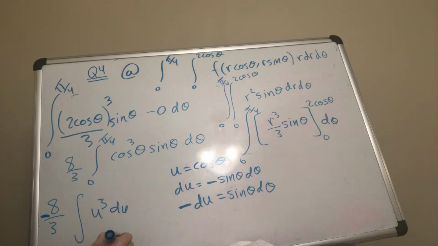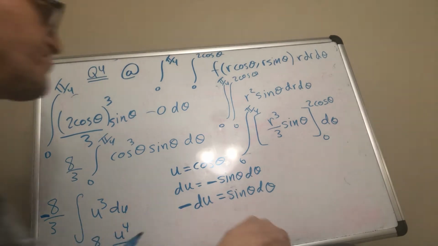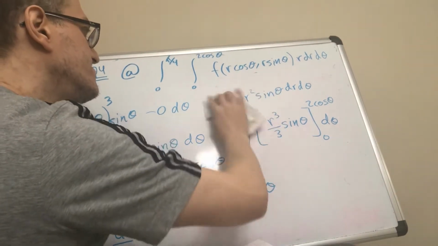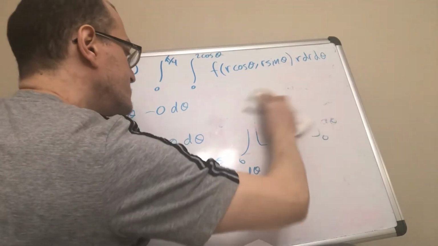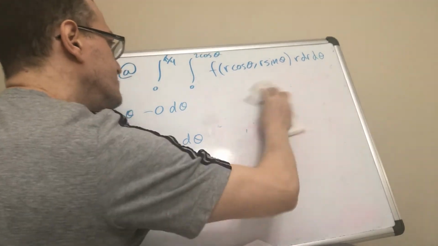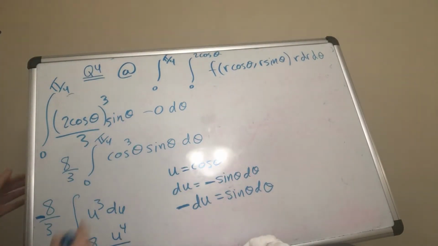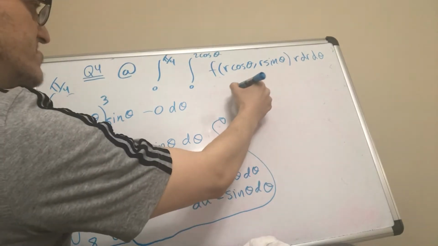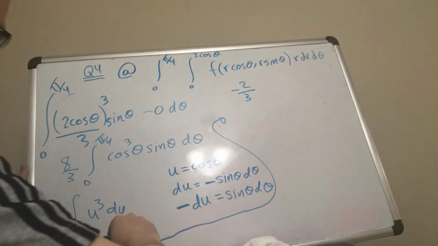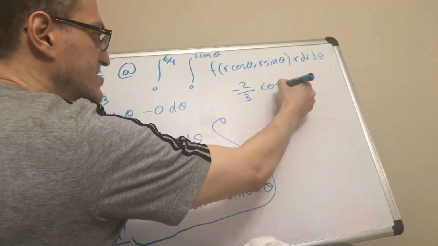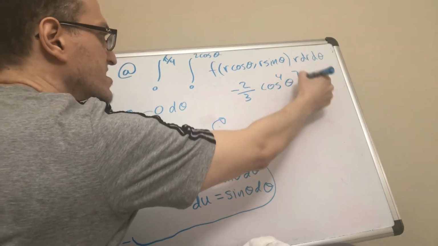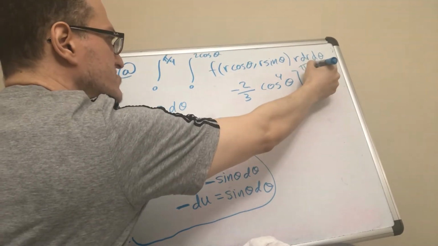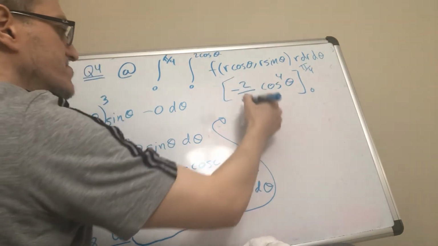The integral of this is u to the 4 over 4, so it becomes minus 2/3 u to the 4, which is cosine to the 4 theta. And you're between the two limits, pi over 4 and 0.